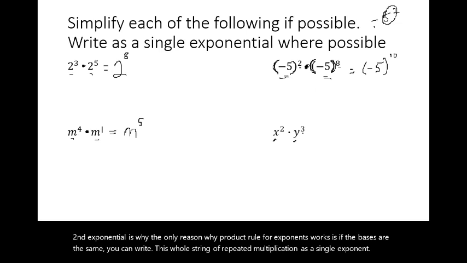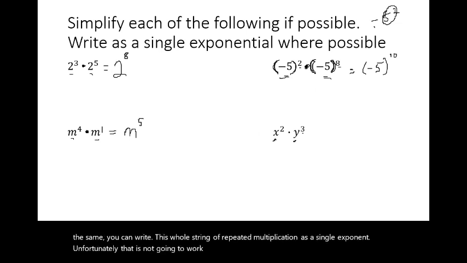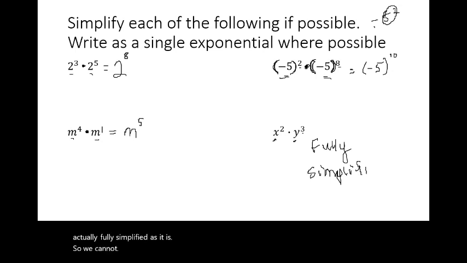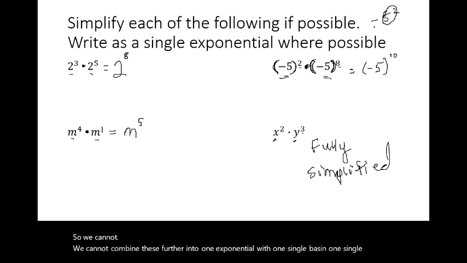Unfortunately, that is not going to work here. So because these two bases are not the same, this is actually fully simplified as it is. So we cannot combine these further into one exponential with one single base and one single exponent because the two bases are not the same.